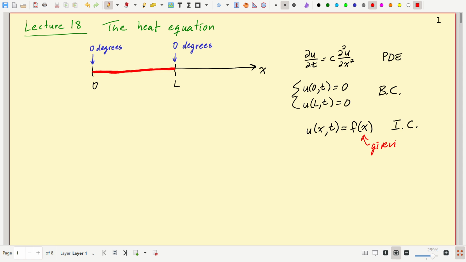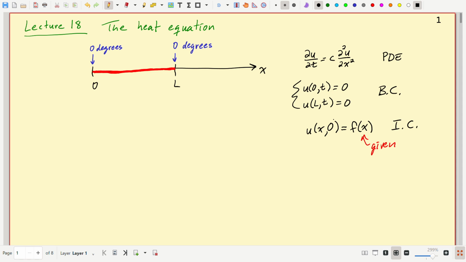And we'll find out pretty clearly what happens in that case. U of x at time 0, sorry, thank you. Yeah, so that'll be interesting.